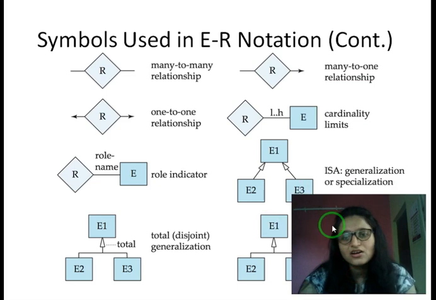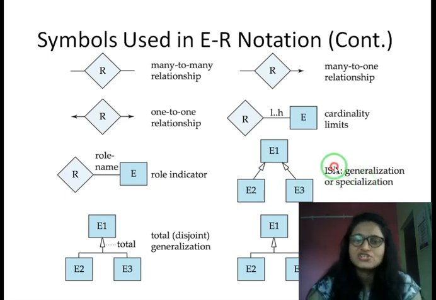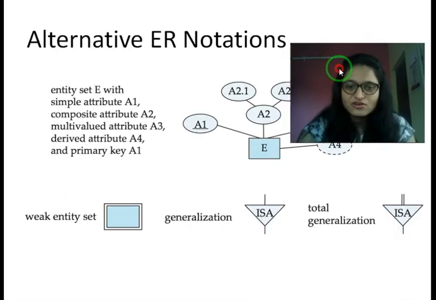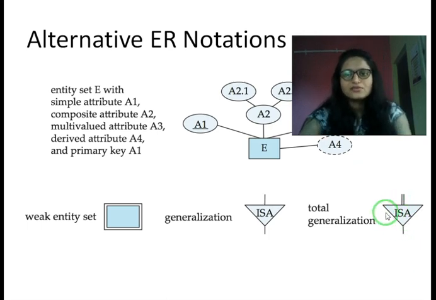And generalization or specialization is denoted by this arrow with a triangle at the arrow end, is a generalization or is a specialization. So these types of symbols are used in an ER diagram. A total generalization is also denoted by a double line, or a dotted line with the word total on that dotted line.